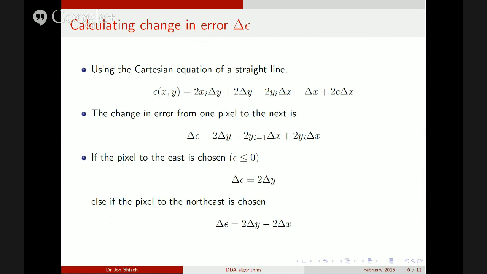And to do that, all we do is substitute the equation of a straight line into our error value. So I'm just going to move this up a bit. So remember, we had y equals mx, so the gradient times x plus c.